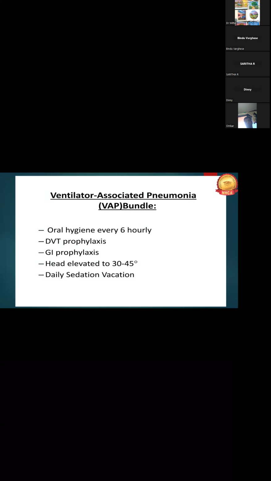Okay. When you do postural drainage, especially the therapists do it very well, the secretions are mobilized, and therefore it's easy for the patient to cough it out, expectorate it out. Nebulizations, all these things will help in maintaining hygiene of the lungs. All right, I'm sure you all have understood the VAP bundle.